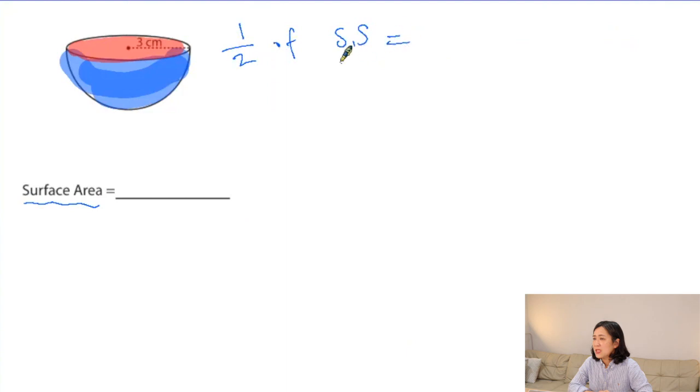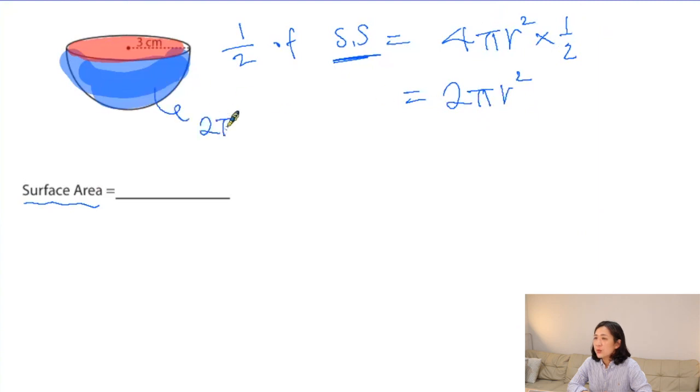The first, blue part, half of the surface area of the sphere, will be half of 4 pi r squared, which is 2 pi r squared. So the blue part is 2 pi r squared. Then don't forget to add the red part. The red part is the cross section. You know that the cross section is a pi r squared. We've got another pi r squared.